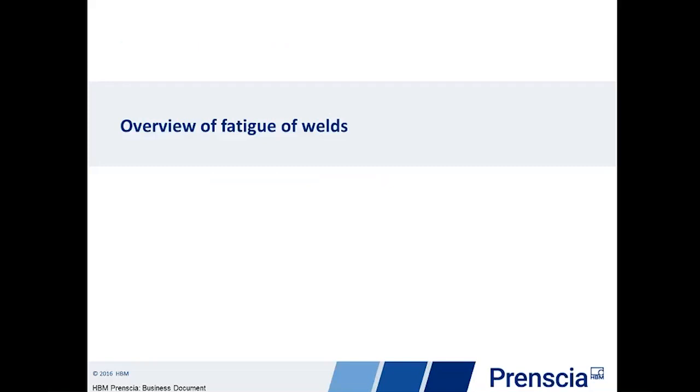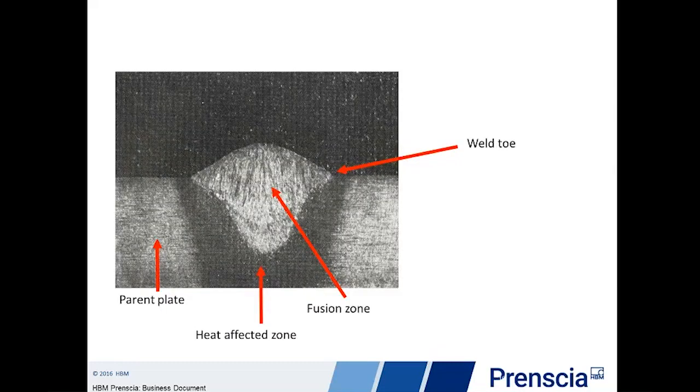So in terms of an overview of fatigue of welds, the first aspect is just looking at how complex a weld is. Obviously, welds are very useful in tying parts together, joining parts, but once we've done that, it becomes difficult to analyze because of a variety of features. When we weld two parts together, we've actually transformed the parent metal that we were welding.